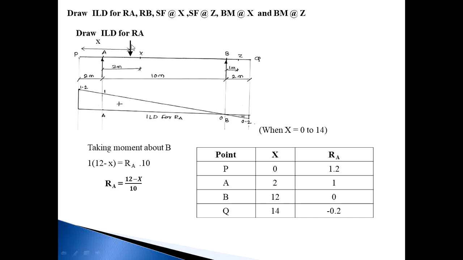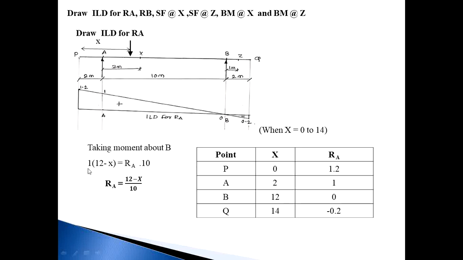Then the moment of this 1 kilonewton force with respect to B is anti-clockwise, and the distance from B to this load is PB, 10 plus 2, that is 12 meters, minus X. So the distance is 12 minus X, the force is 1 kilonewton, and the direction of the moment is anti-clockwise.